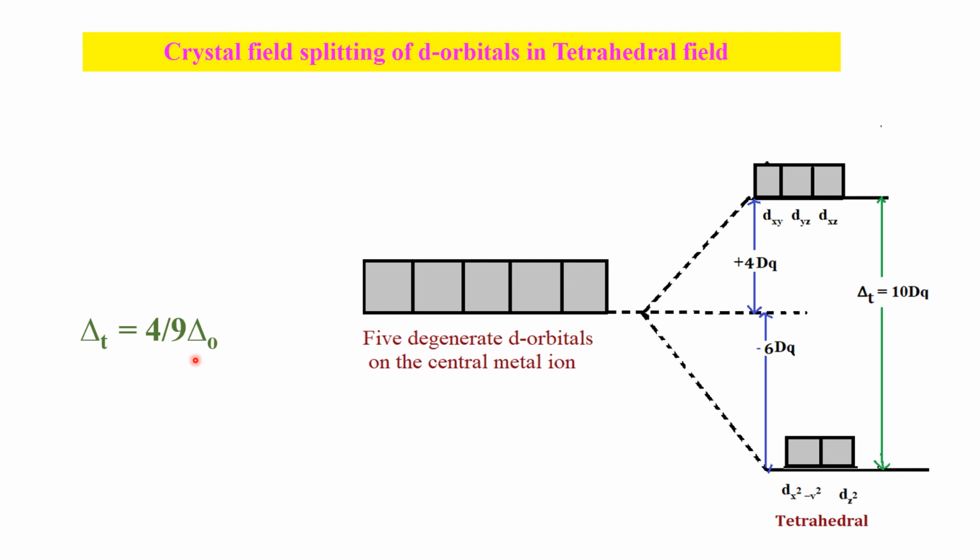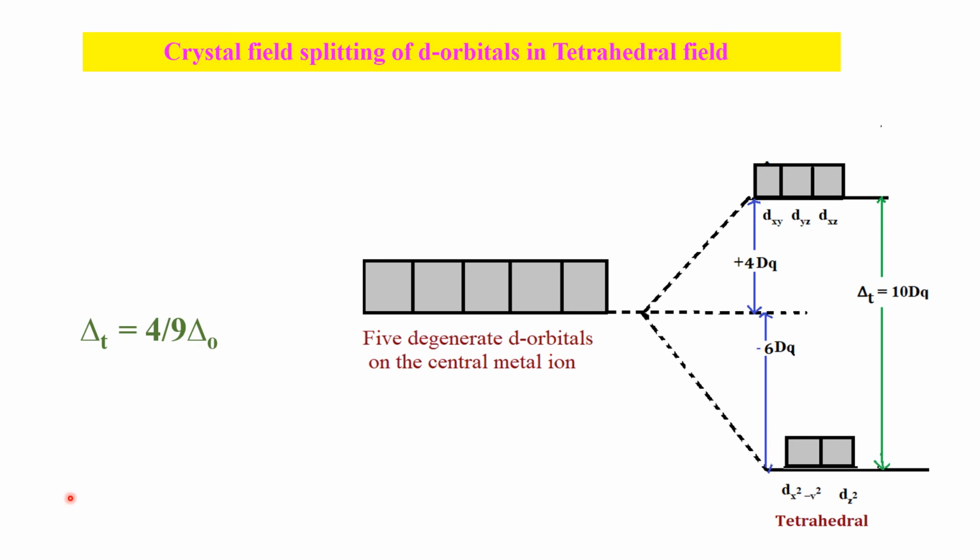The crystal field stabilization energy of tetrahedral complexes is not large enough to force the electrons to pair, so low spin complexes are rarely observed.